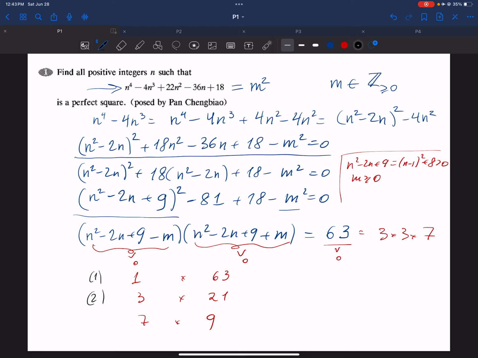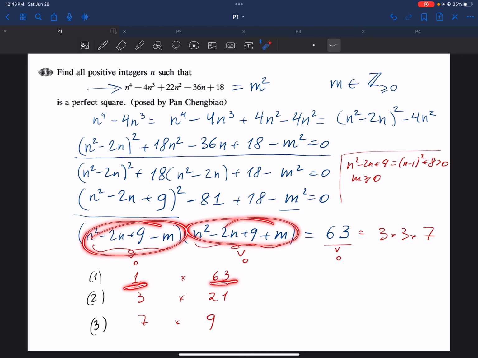1, 2, and 3. So in the first case, we now have a system of two equations, that this one equals 1, this one equals 63 in the first case.